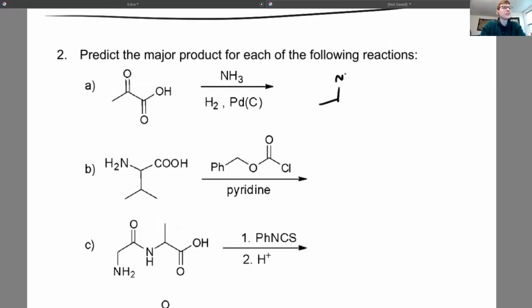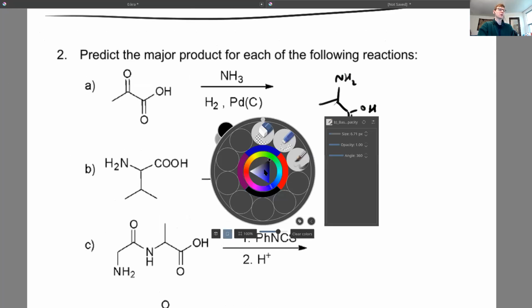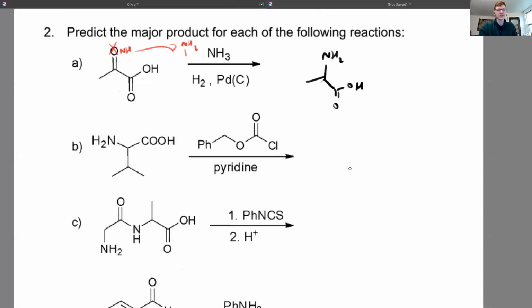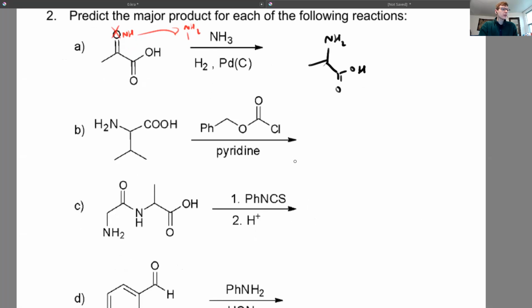Reduction, reductive amination. Yes, exactly. So we cross this out and just write NH instead. Cool. What's next?